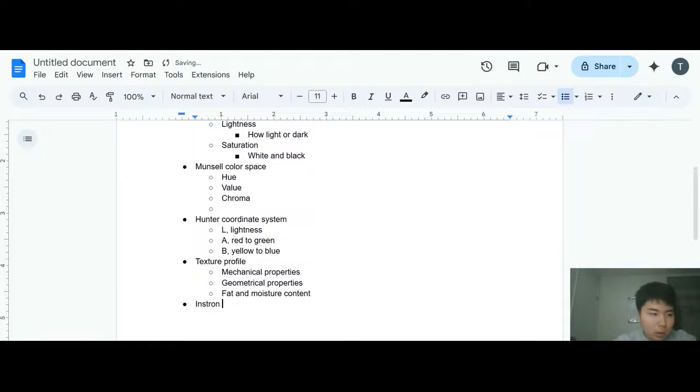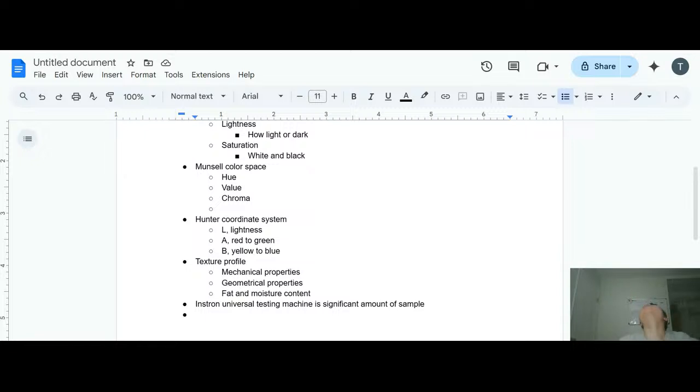The only one I took a memo of is the Instron universal testing machine, which needs a significant amount of sample. I don't know why, but it is like that. And next, Bostwick viscometer. I like it.